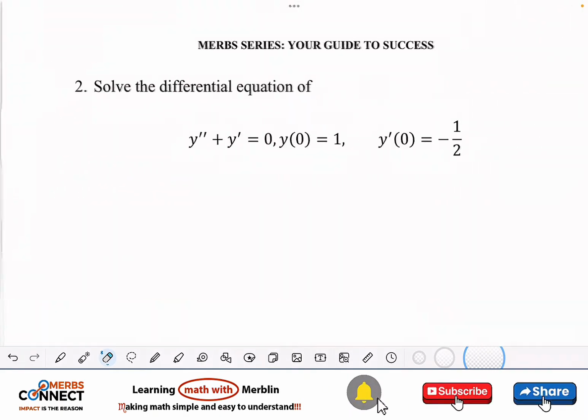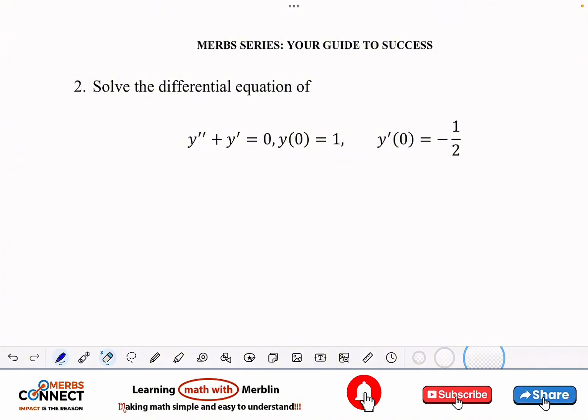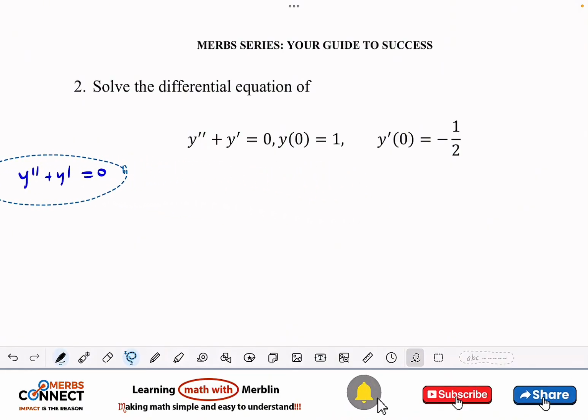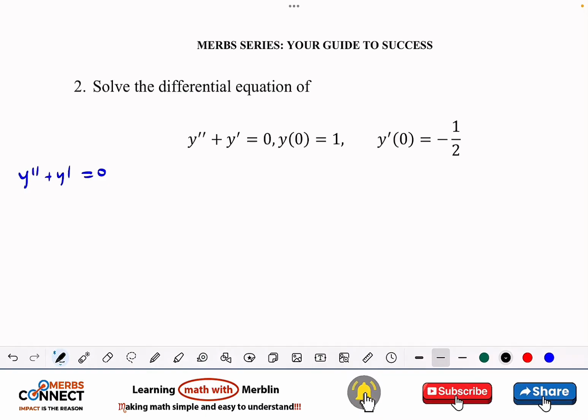So now let's look at another question which has an initial condition, right? So the same process, as I said, we have y prime prime plus y prime equal to 0. So same procedure, find your y prime. When you solve 1, 2, 3 examples, you will know that y will be equal to e to the power mx, y prime will be equal to this, and then y prime prime will be equal to m squared.